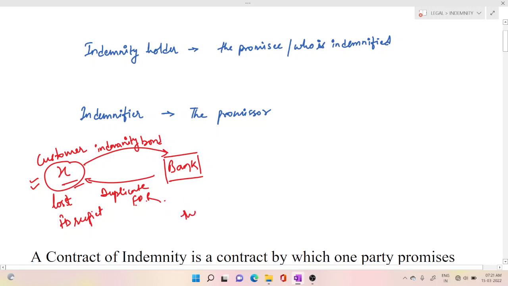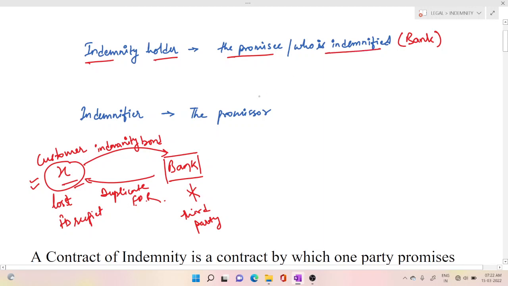Third party claims, this saves the bank. Okay, so in this case, who is the indemnity holder? The bank here is the indemnity holder. The indemnity holder is the person who is the promisee, who is indemnified.